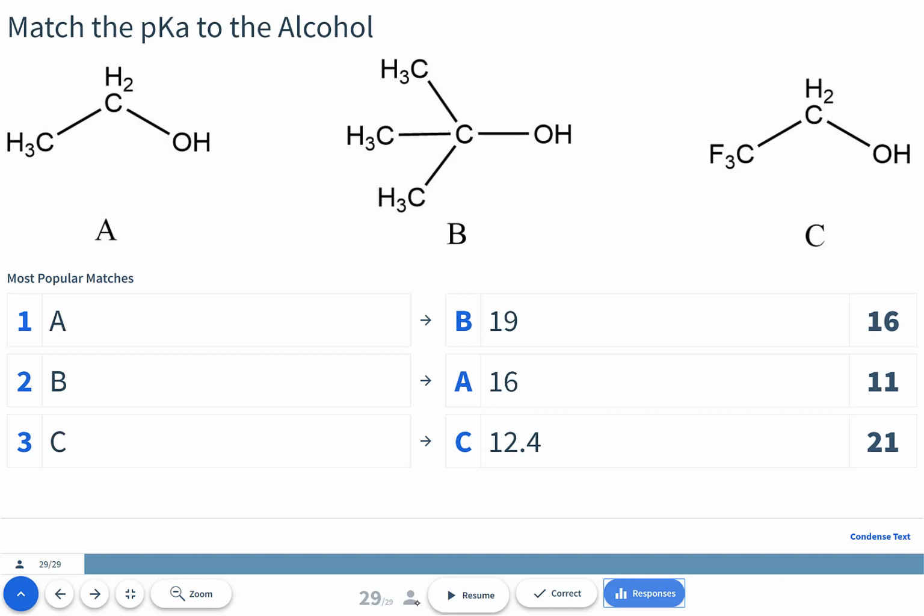Do you want to push electron density into a carbon that has a negative charge on the other side? I'm trying to delocalize the O minus throughout the molecule, and yet these alkyl groups are pushing negative charge the other way. Is that going to stabilize it? No.